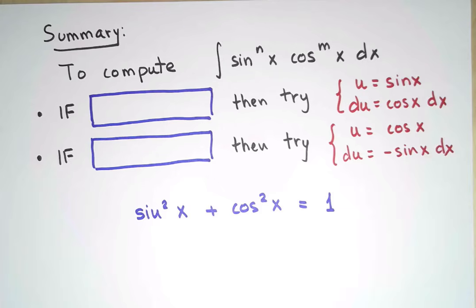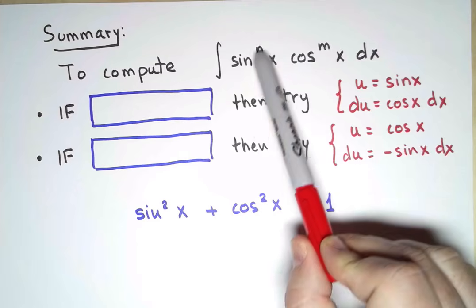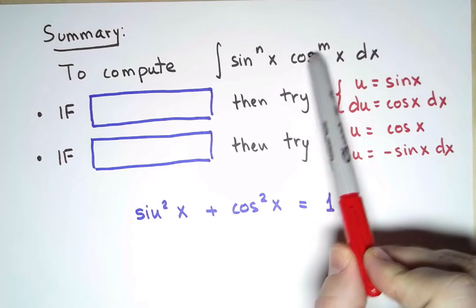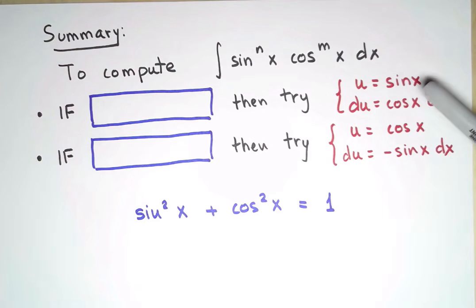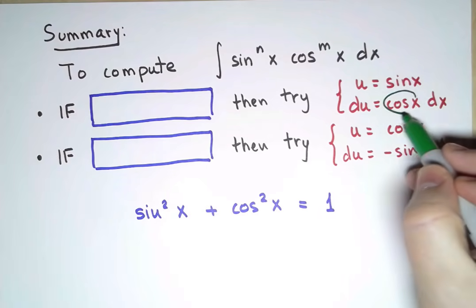We can summarize what we have learned, and we can get a little rule that tells us when each one of the two substitutions is useful. Let's say I want to compute an arbitrary integral of the form a certain power of sine times a certain power of cosine. When will the substitution sine and when will the substitution cosine help us? Well, if I try u equals sine, I'm going to need to get a cosine for the differential.